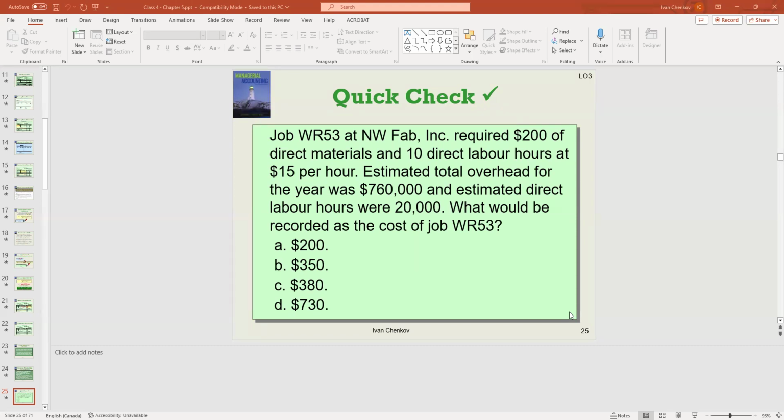Once we have those three costs, we have the cost for our job. Make sense? Yes. So we have 200 plus 150 plus 380, and that gives us $730.